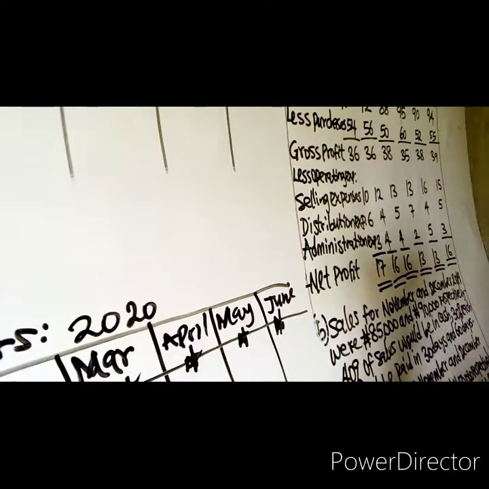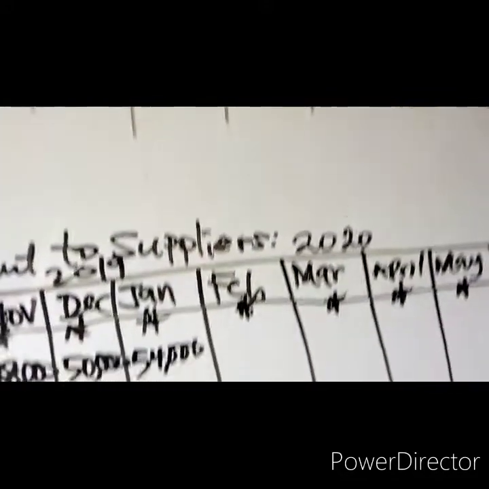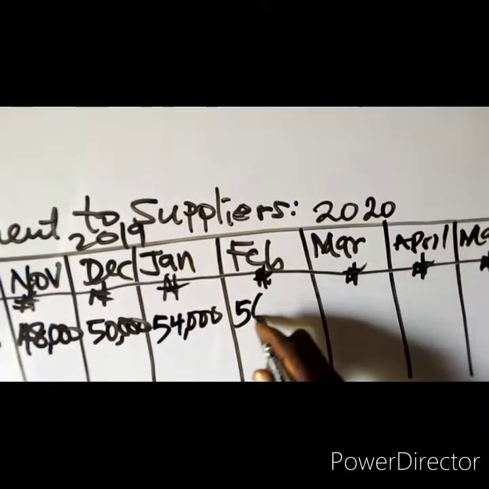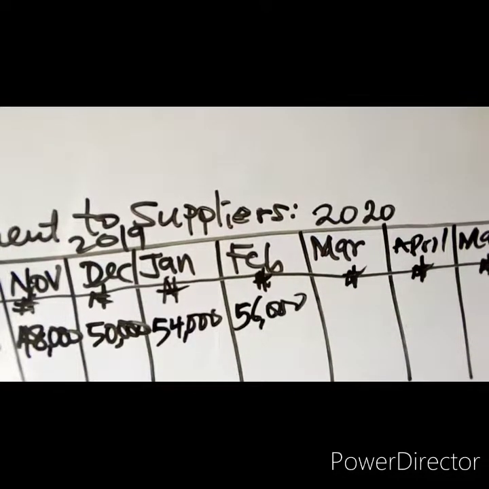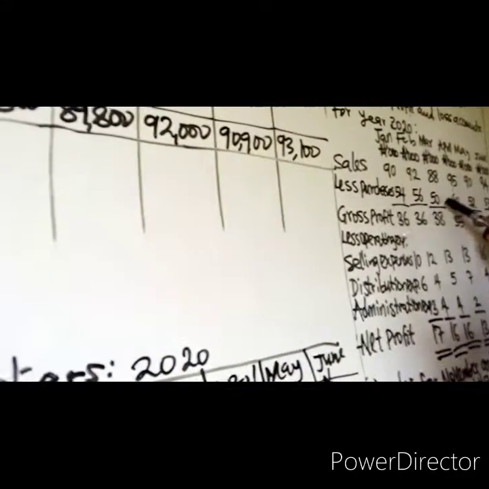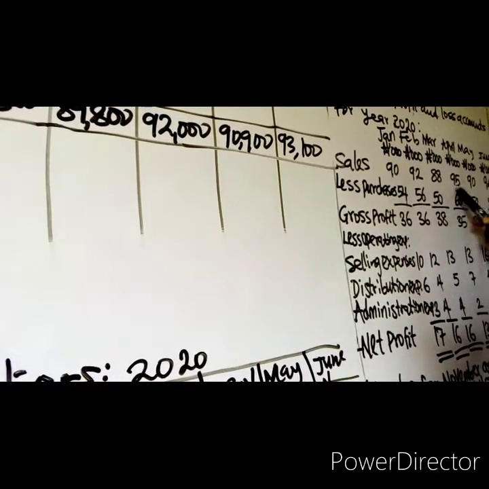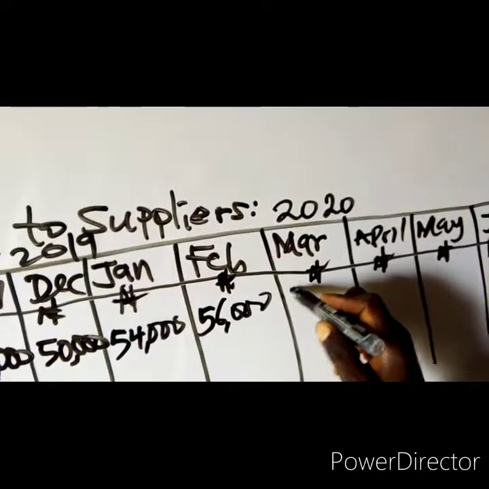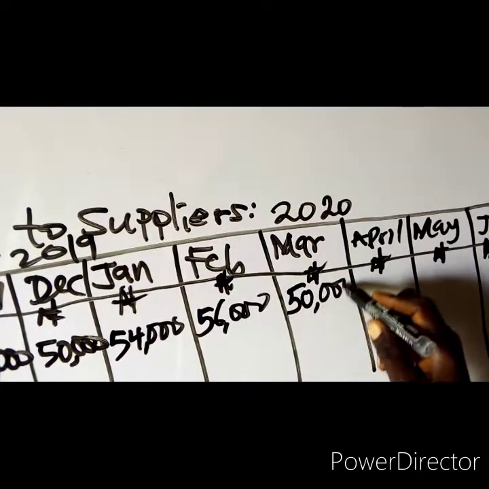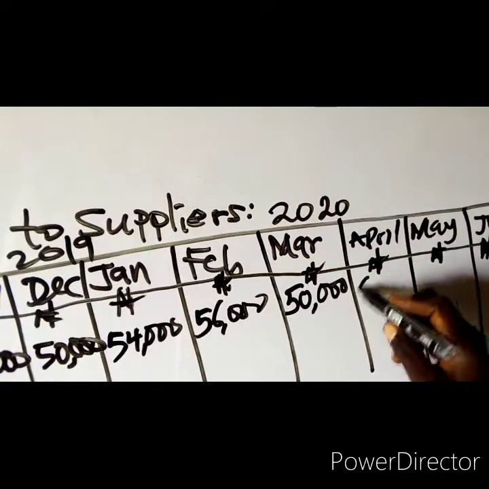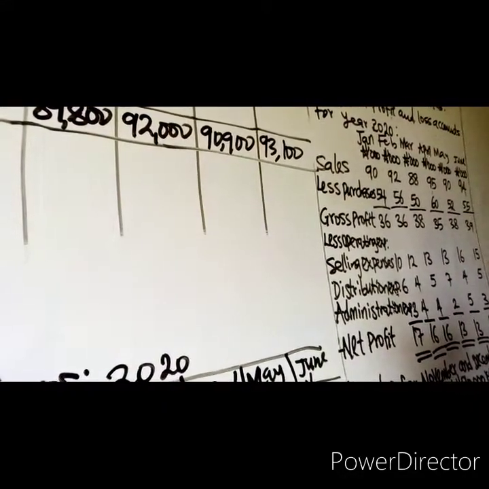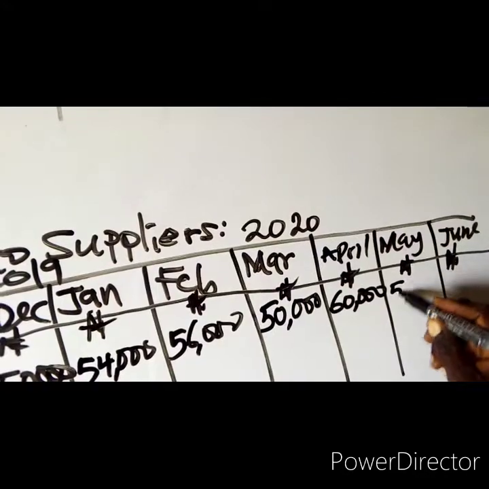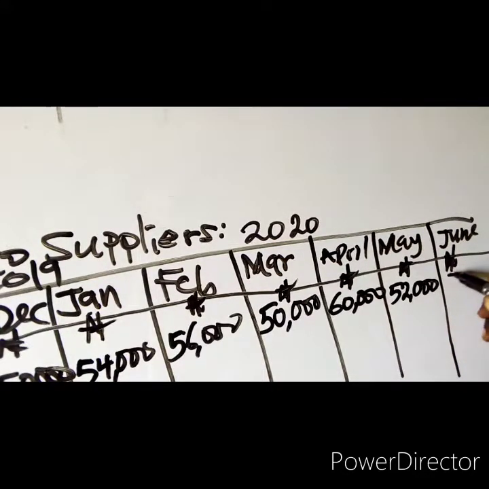Then for March we have 50,000 and for April 60,000. Then for May and June, May 52,000 and June 55,000.